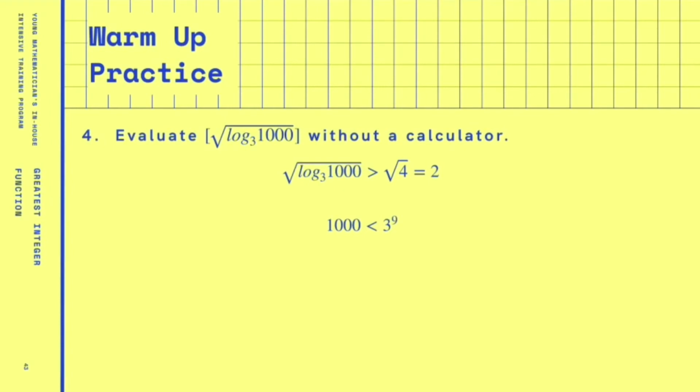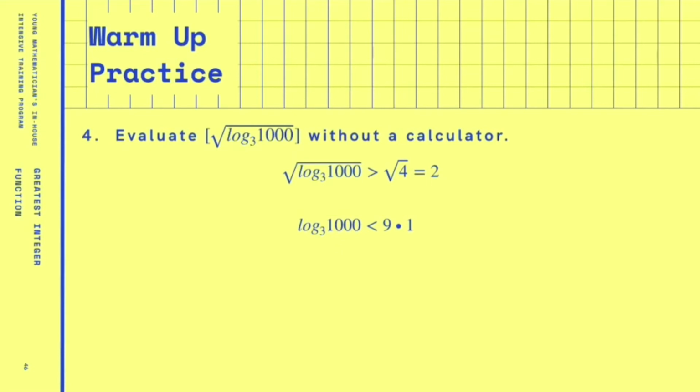Now taking the logarithm of base 3 of both sides, we get that log 1000 of base 3 is less than log 3 to the 9th of base 3. Again, from our laws of logarithm, log 3 to the 9th is just 9 times log 3. Again, log 3 of base 3 is just equal to 1. Now we have log 1000 of base 3 is less than 9.